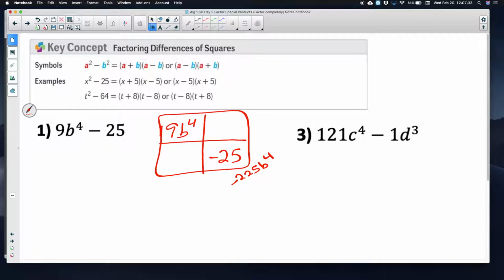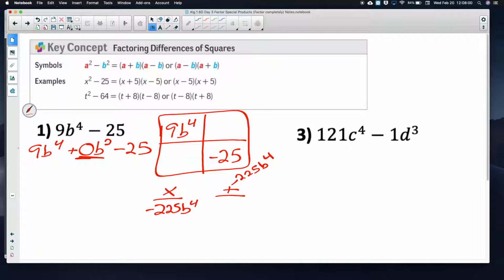So to fill out the rest of my box, I need to find two numbers that multiply to give me negative 225b to the fourth, and add to give me that middle term. Well, where is the middle term? I've got 9b to the fourth plus 0b squared minus 25, because that middle term's exponent is always going to be half of what your leading degree was.